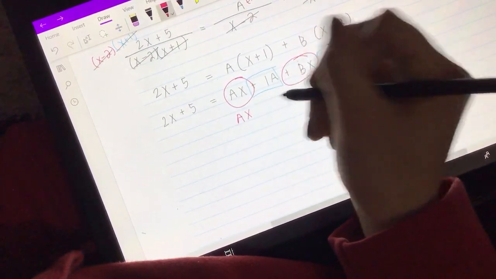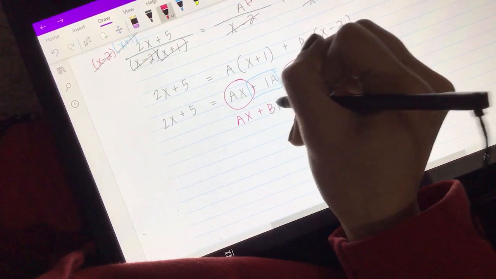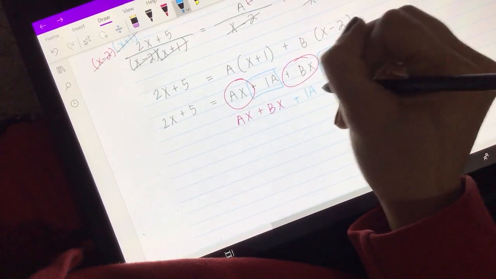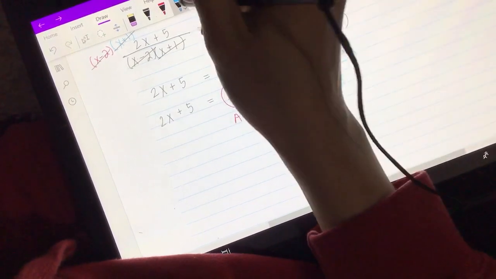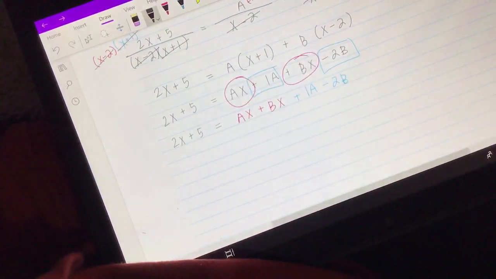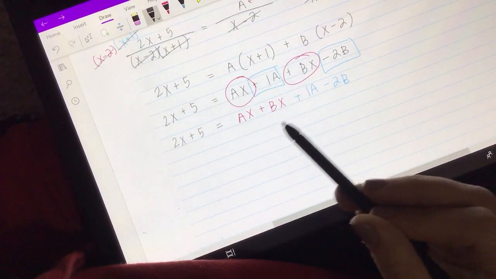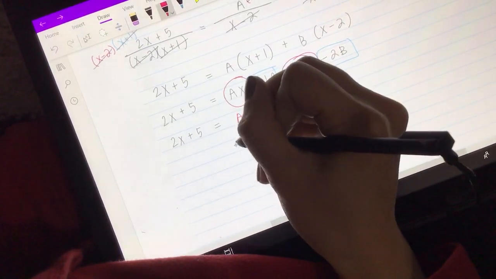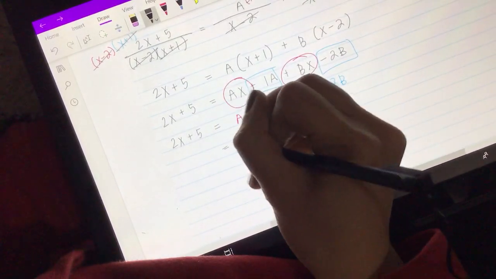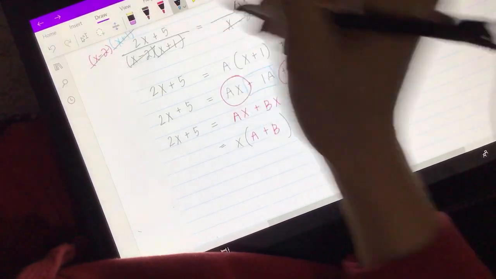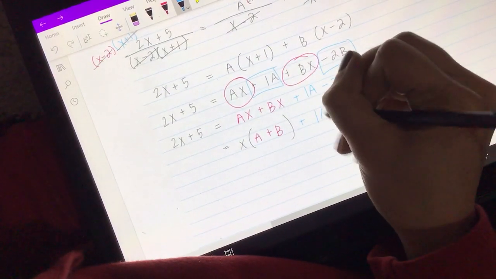So we write the terms that have x in them together, and we write the terms that are constants together. Okay, the next step is to factor x out of these terms that have x's in them. So we'll get x times the quantity A plus B, and this other part doesn't factor.